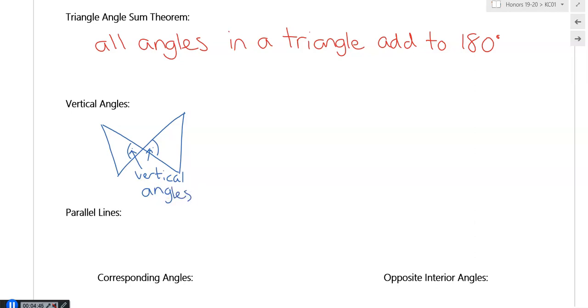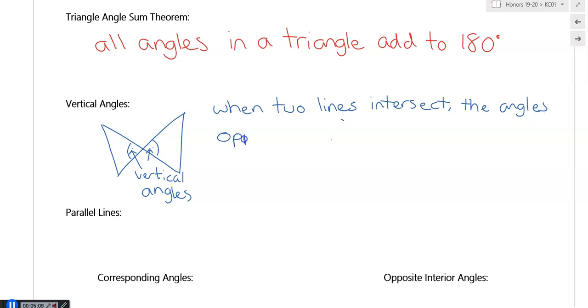So vertical angles are when 2 lines intersect, and angles opposite each other are congruent.